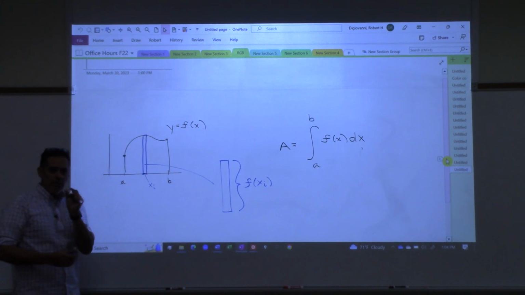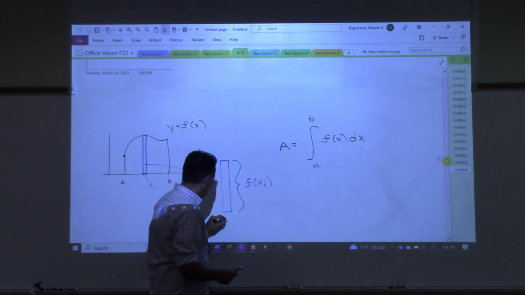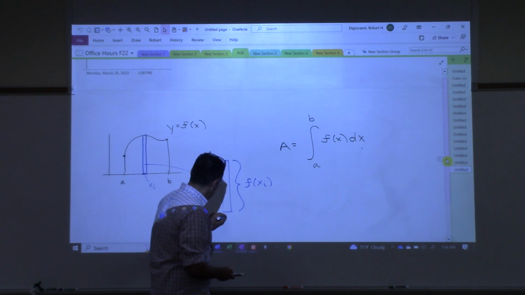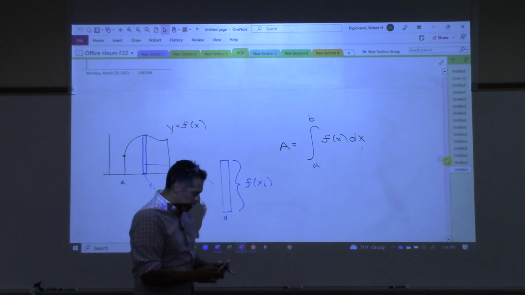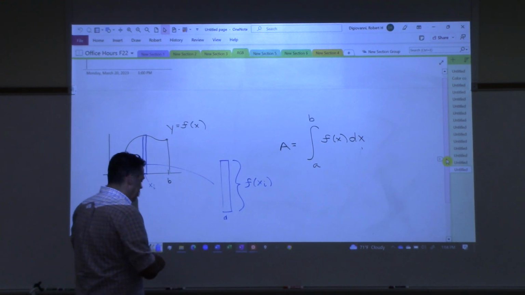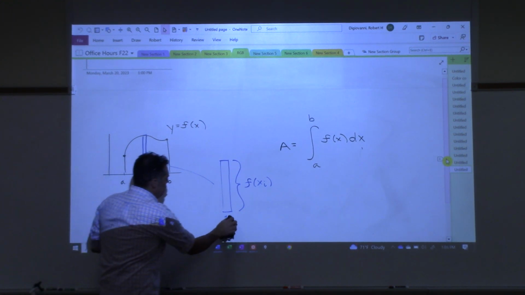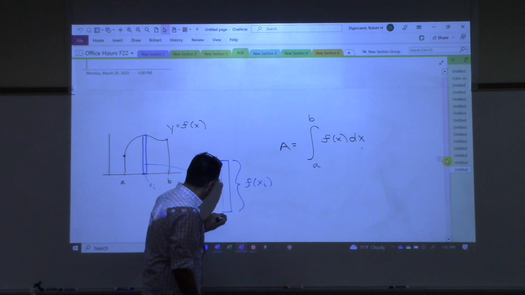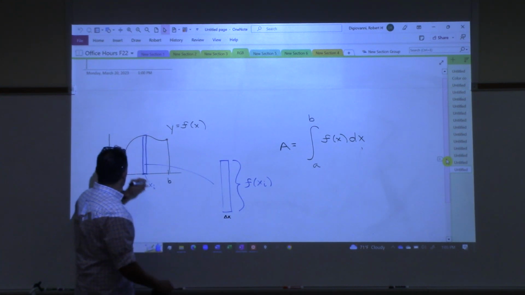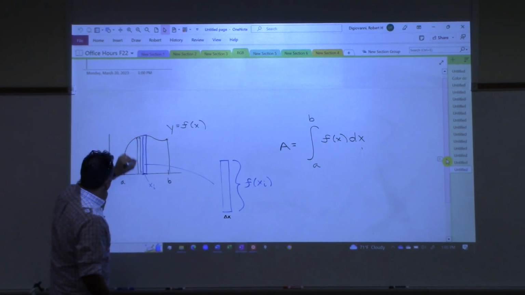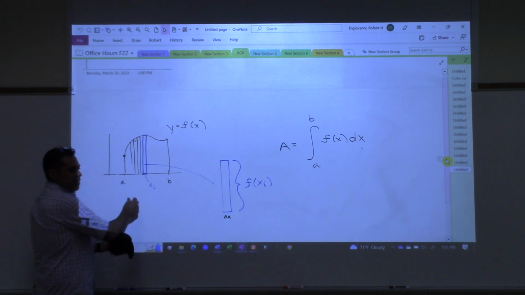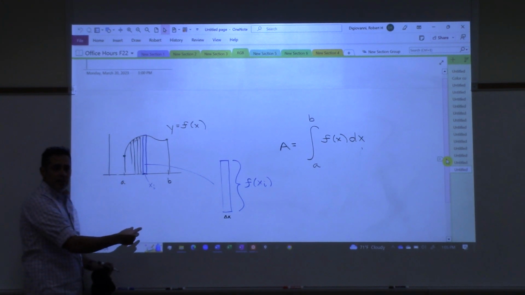And then the width of the rectangle, we call that dx. Delta x, sorry. It's delta x before we take the limit. No matter which rectangle we're talking about, they all have the same width of delta x.